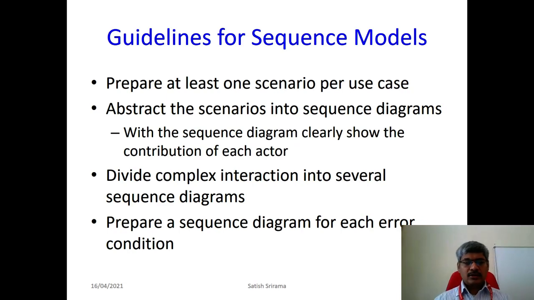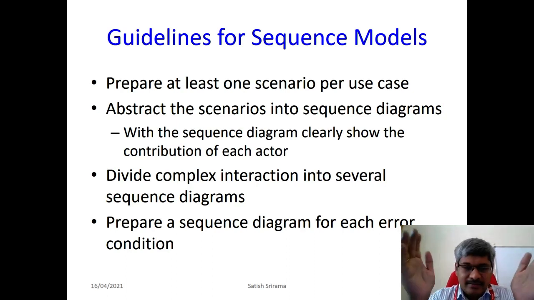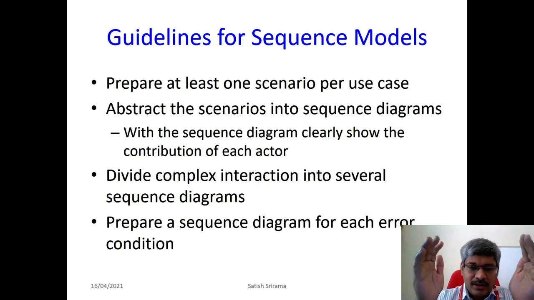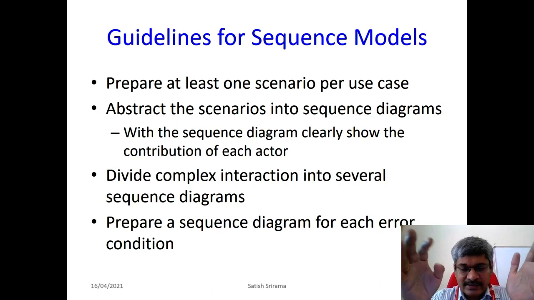Also divide complex interactions into several sequence diagrams, the way I have shown you. Okay, so have multiple sequence diagrams to show complex interactions. But how many sequence diagrams you will have is up to the modeler, who is designing the system to the level where he can understand the system better.